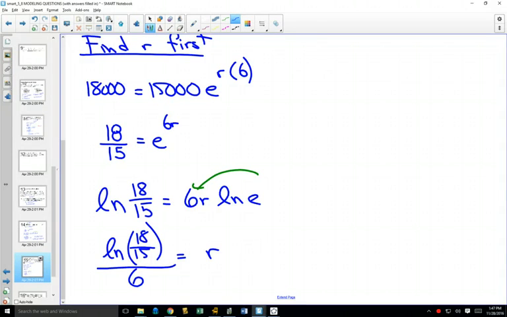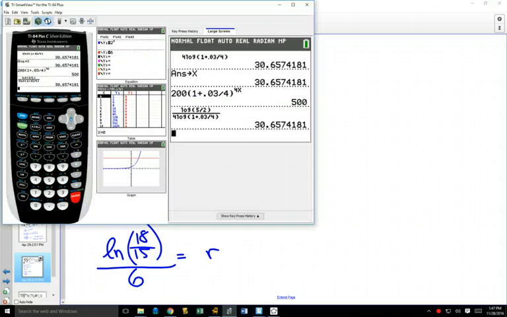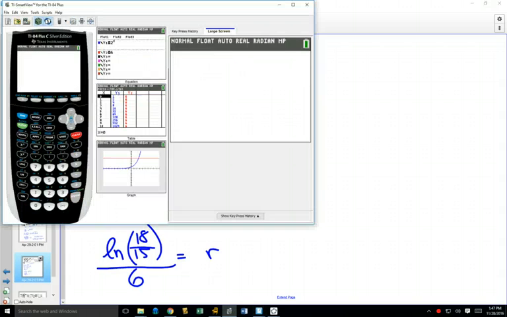Now on our calculator, if we type this in, get our fraction, natural log 18 divided by 15, all divided by 6. We get a rate of 3%, or r is 0.03.